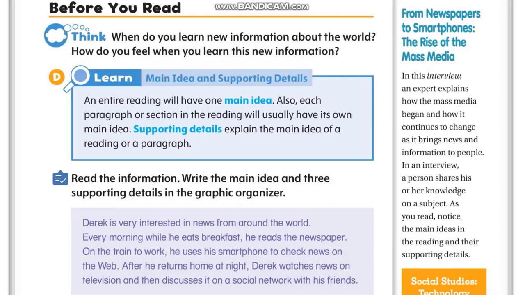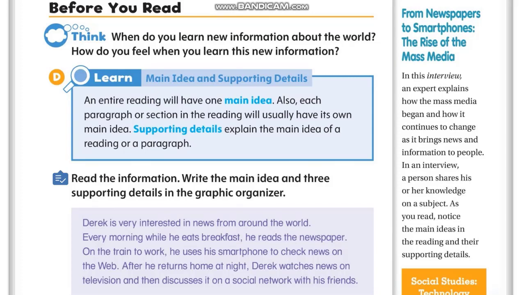An entire reading will have one main idea. Also, each paragraph or section in the reading will usually have its own main idea. Supporting details explain the main idea of a reading or a paragraph.